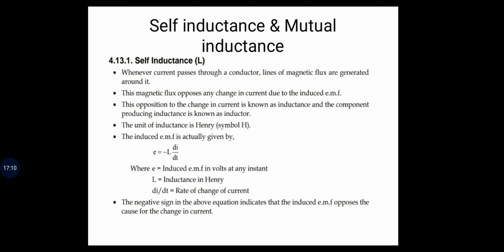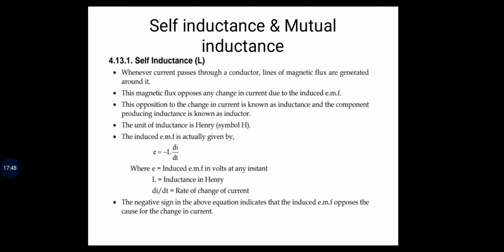Next we are discussing self-inductance and mutual inductance. What is meant by self-inductance and mutual inductance? Self-inductance. Whenever current passes through a conductor, lines of magnetic flux are generated around it.